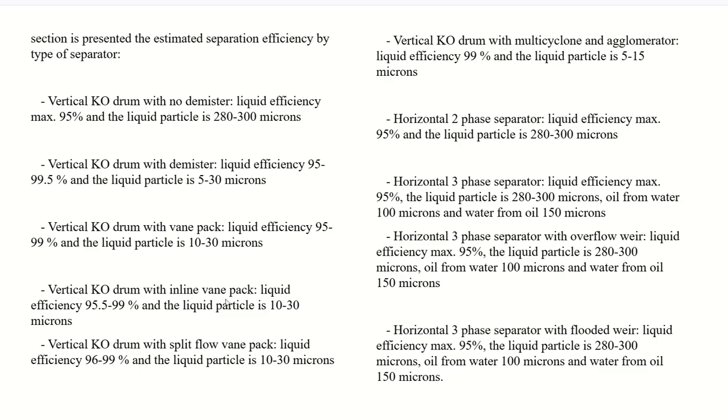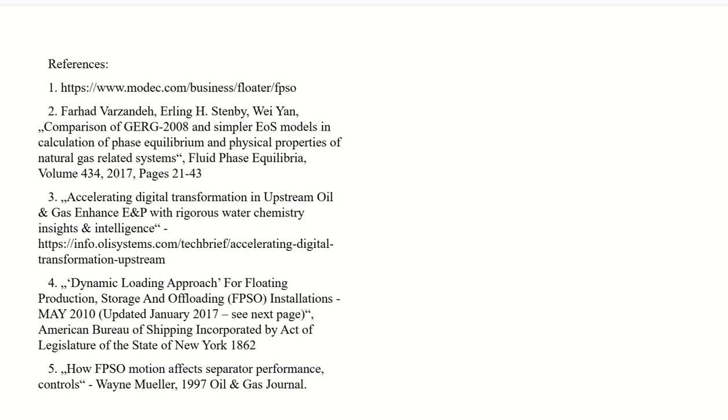Depending on whether you provide wire mesh packs or a demister, the micron size and the efficiency change. Similarly, for a three-phase separator, liquid max 95% at 280 to 300 microns. So this talks about different droplet sizes and the efficiency of three-phase and two-phase separators.